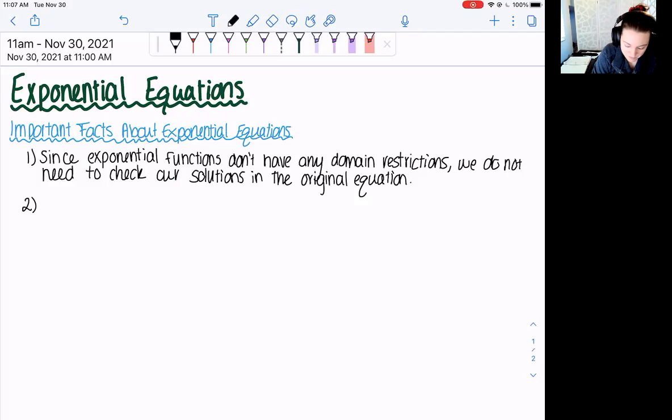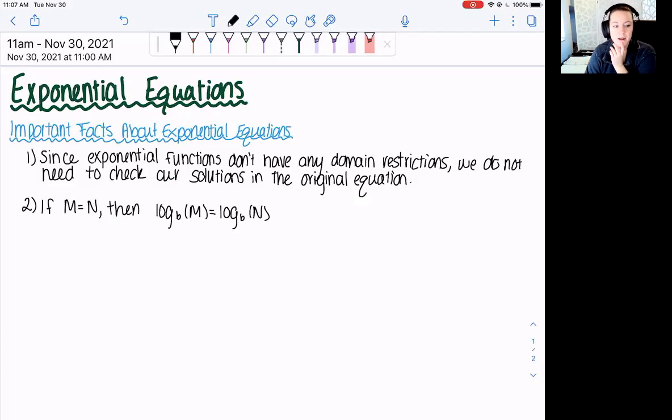Next fact, if m is equal to n, then log base b of m is equal to log base b of n. And you may say, that's what we had yesterday.